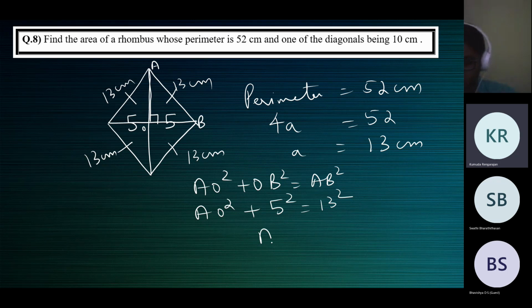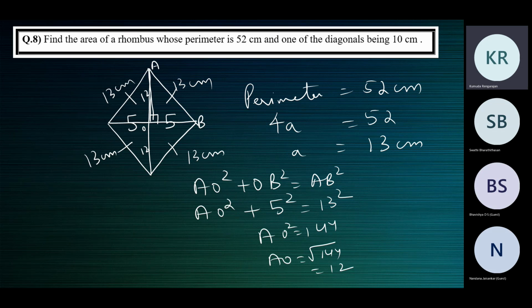On solving, AO square is 169 minus 25, which is 144. AO is the square root of 144, which is 12. So half of the diagonal is 12, and the remaining half also will be 12 because the diagonal is cut into two equal pieces. So the length of the other diagonal is 24 centimeters.